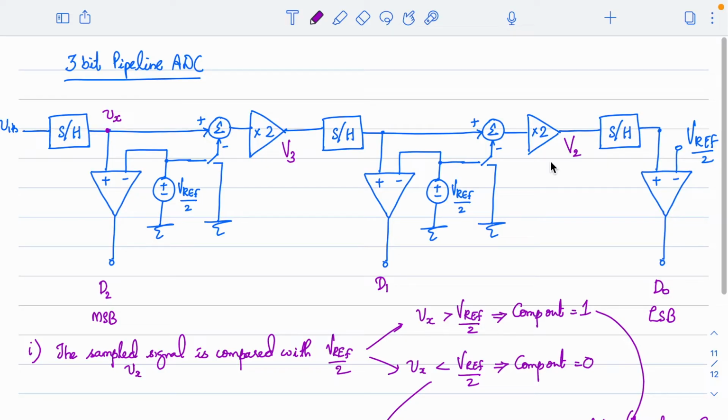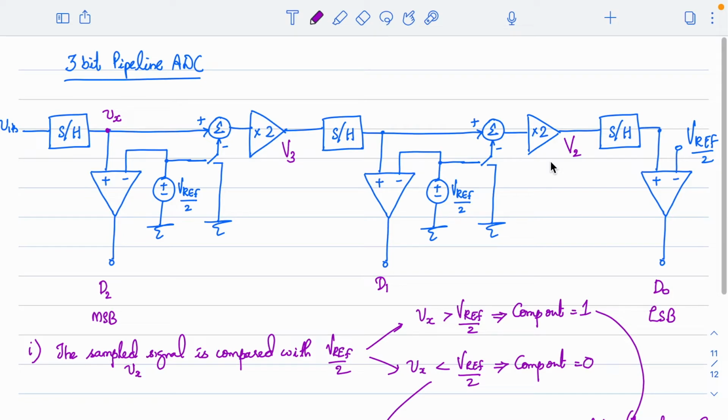If your input is greater than Vref by 2, the summer will subtract Vref by 2, multiply by 2 and give a residue at the output of that particular stage. If your input Vx is less than Vref by 2, it will be passed as it is, right? This is how the pipeline ADC works.